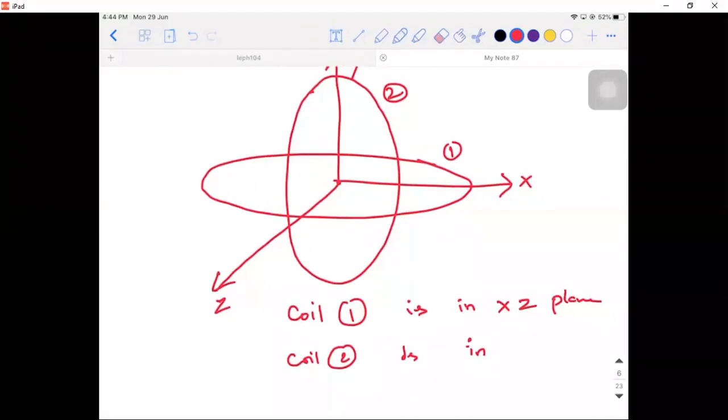Coil 2 is in the YZ plane, because I've drawn the shape of an oval. They have the common center.